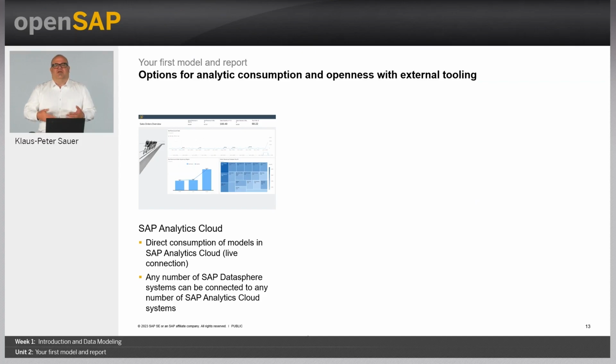So in general, there are different options to consume data from SAP DataSphere. SAP Analytics Cloud is offering a direct live connection. That is what we just saw in the demo. You can connect multiple Analytics Cloud systems to multiple DataSphere tenants.